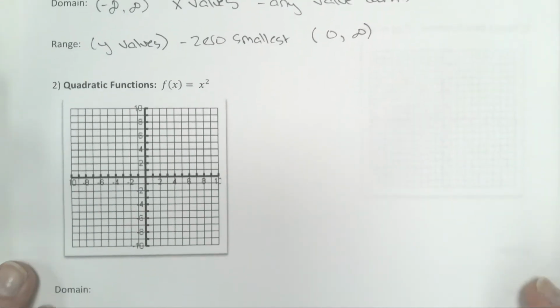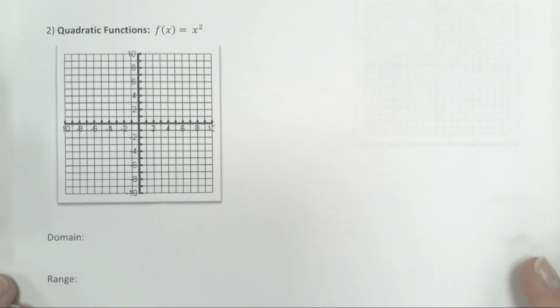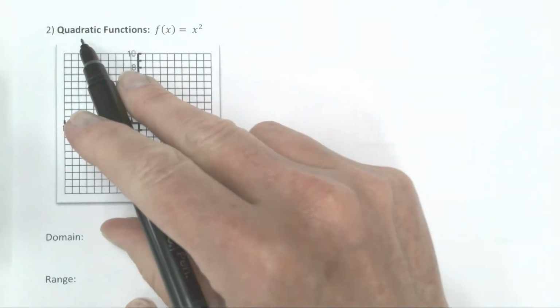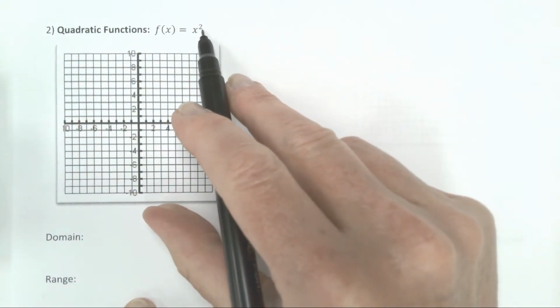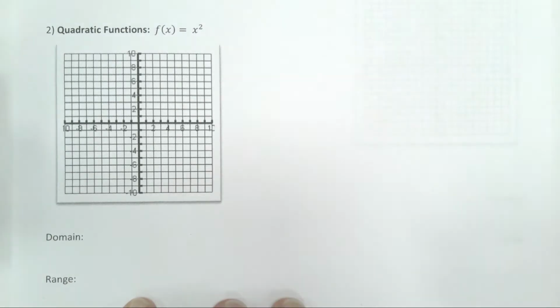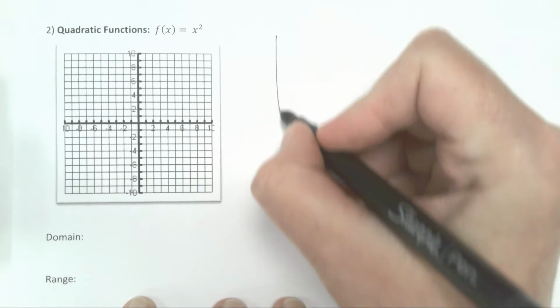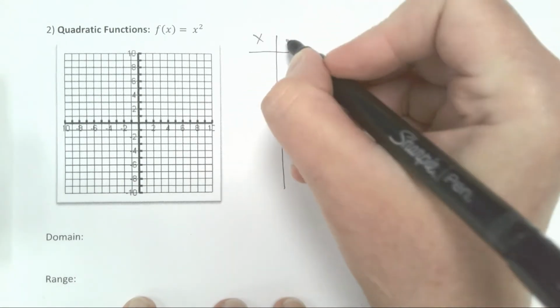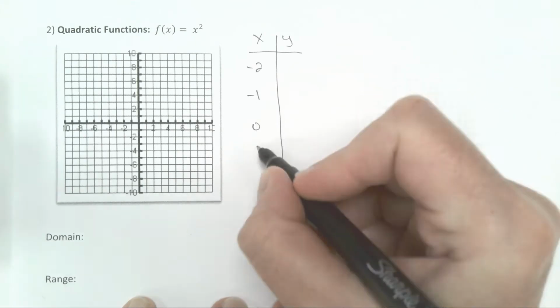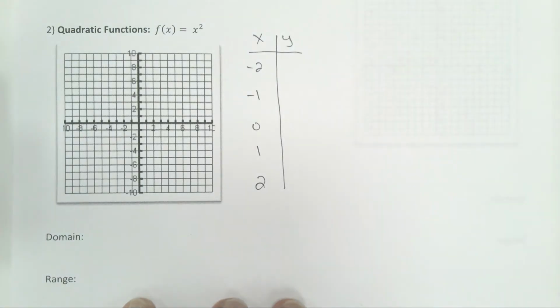The quadratic would be the next parent function that I do. The quadratic is called that because your biggest exponent is a 2. I'm also going to make a table of values. Their x values are going to go -2 to 2.